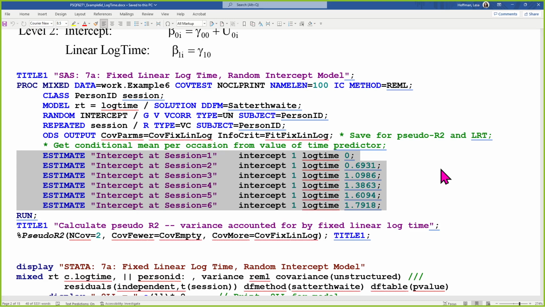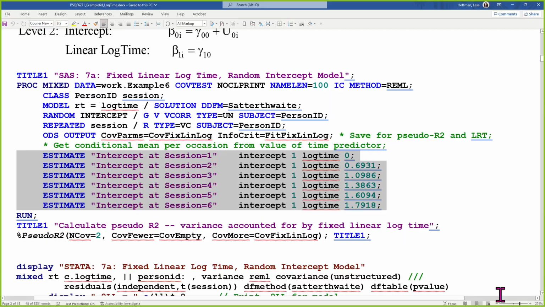So you have to think about this as a 1 unit change in time is not per session anymore. It's in whatever log metric we're talking about. So you have to basically inverse link it, for lack of a better word, back to, you'd have to exponentiate it to get back to the original metric. Oh, okay, that makes more sense. Yep, e to the log time gets you time back.